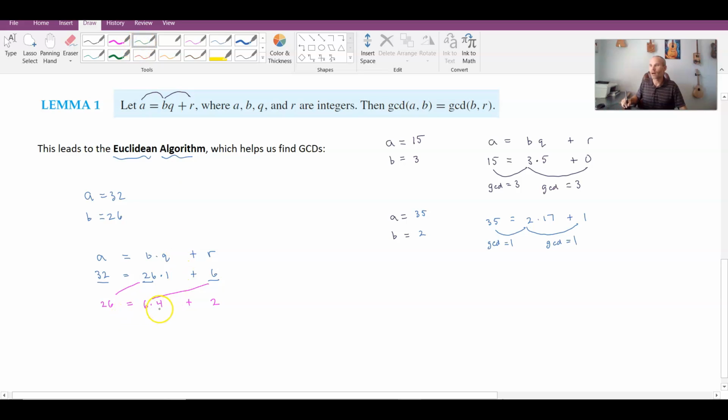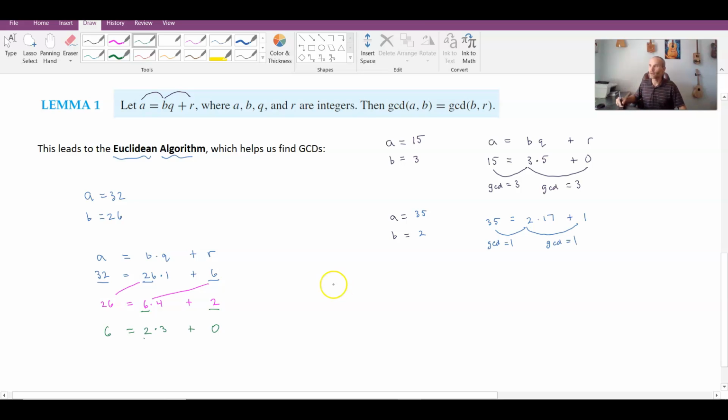So now I'm going to focus on 6 and 2, and I'm going to say 6 is equal to how many multiples of 2? Well, 2 goes into 6 3 times and leaves me with a remainder of 0.